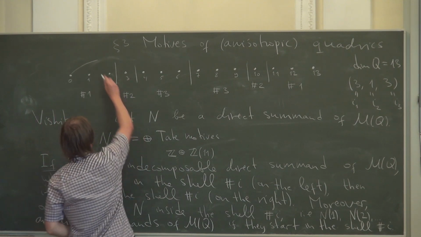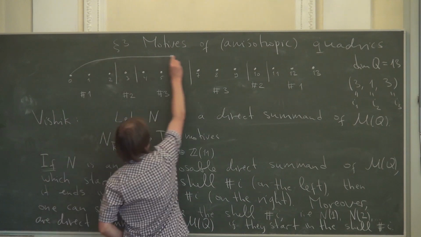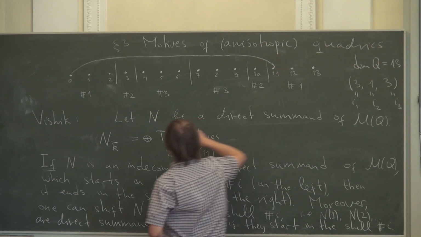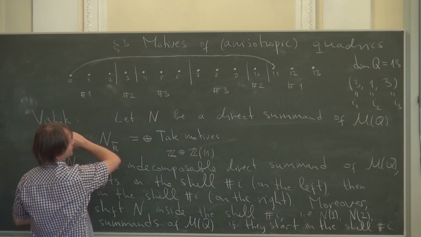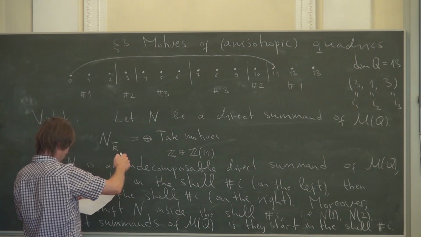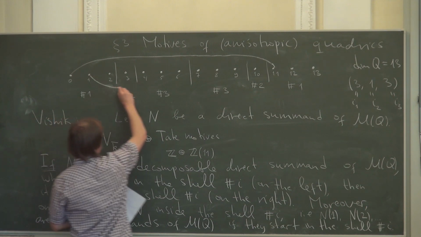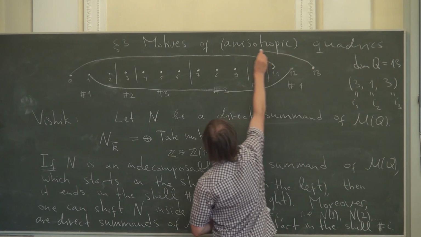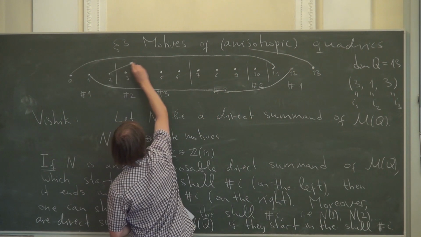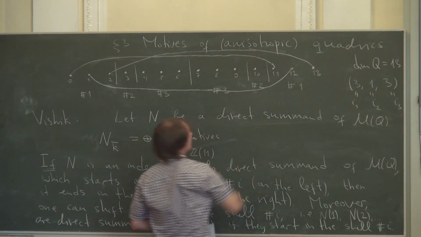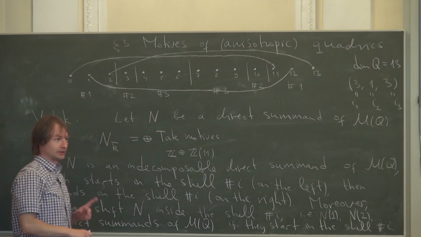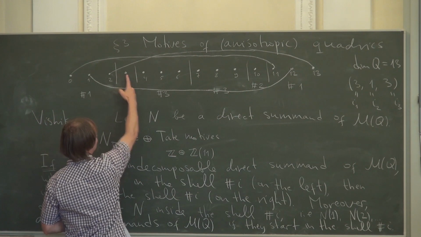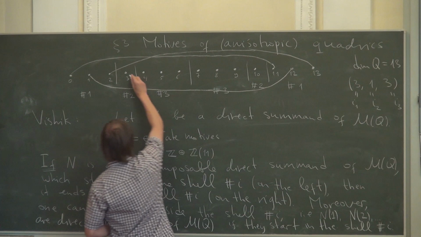Then we have no choice. So this point should be connected with this one, with number 11. Well, and then we shift. Let's draw it like this. So this is connected to this, and this to this. Then the same for the second shell. If there is a direct summand which starts here, it must end here, also in the second shell.